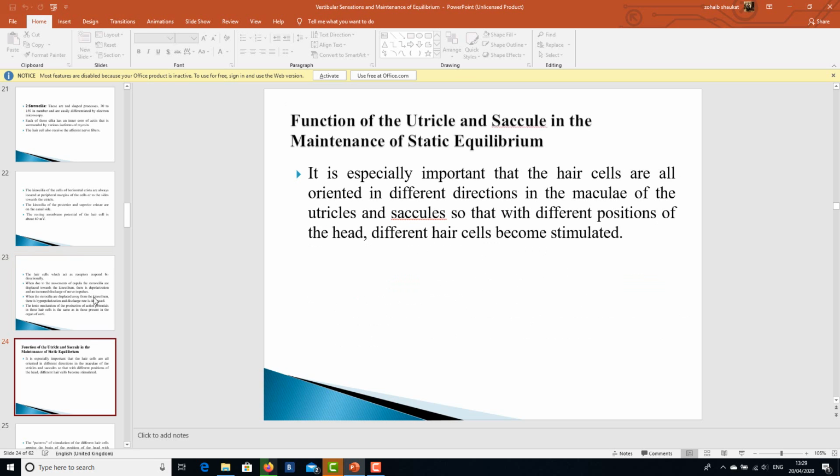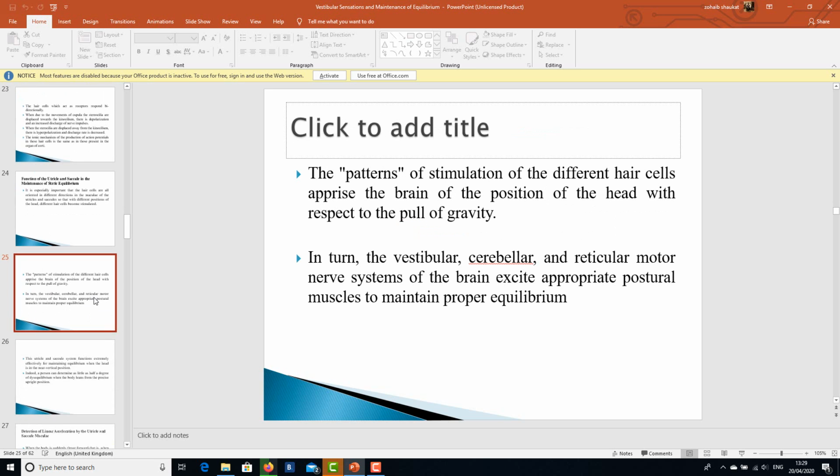What is the function of the utricle and saccule in the maintenance of static equilibrium? It is especially important that hair cells are all oriented in different directions in the maculae of the utricles and saccules, so that with different positions of the head, different hair cells become stimulated.